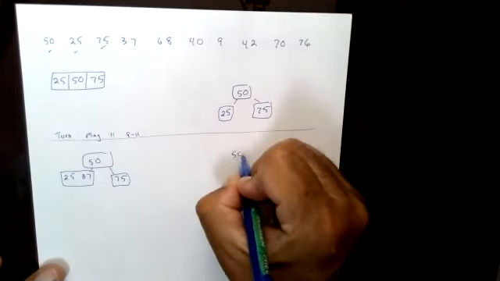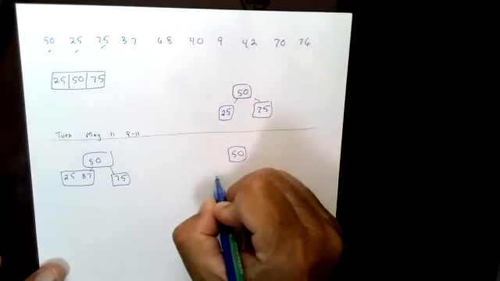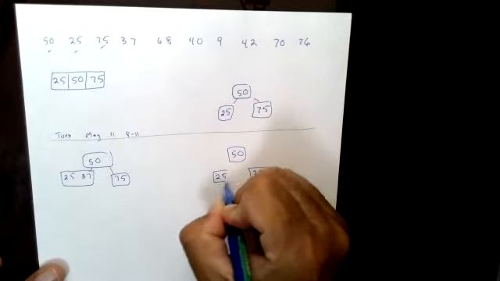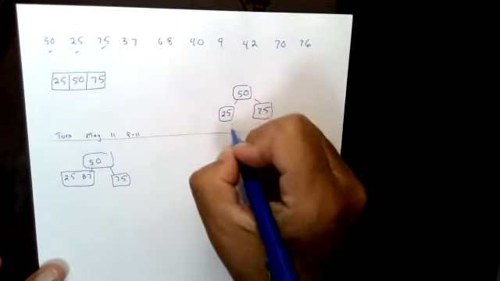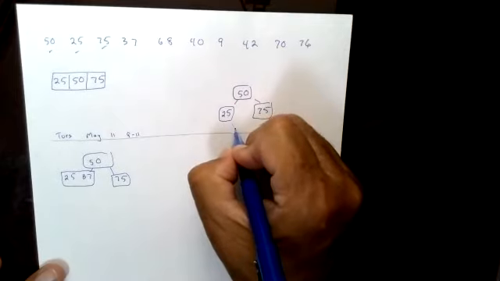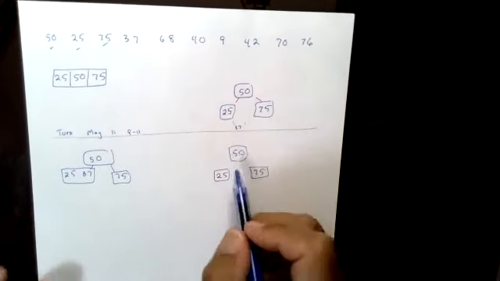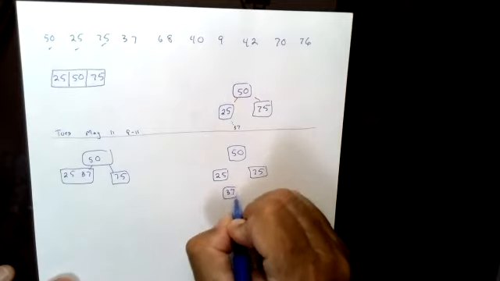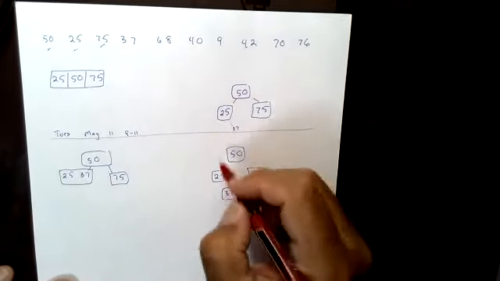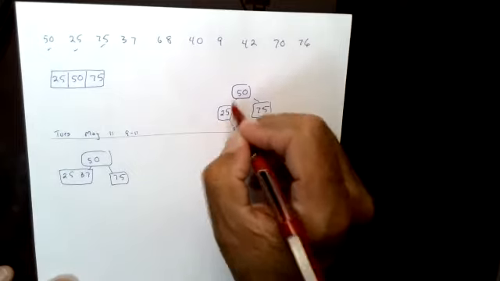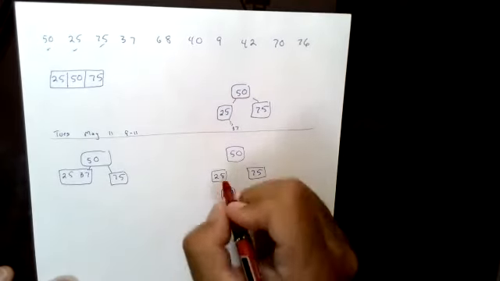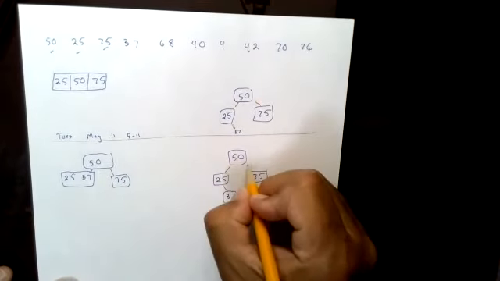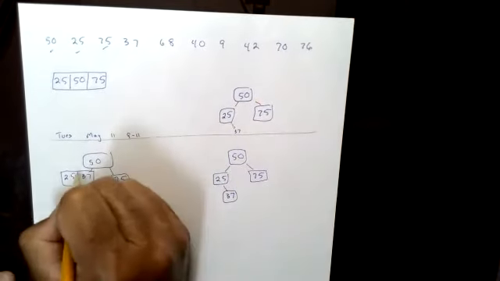If I was over here, I had the 50, I have the 25, I have the 75. And when I went to add 37, I would have gotten 2 reds in a row. So yeah, it blows up. So the 37 is still going to be here. And when it blew up, because I was going to add a red here, 27 stayed that sibling, but these 2 guys turned to black.